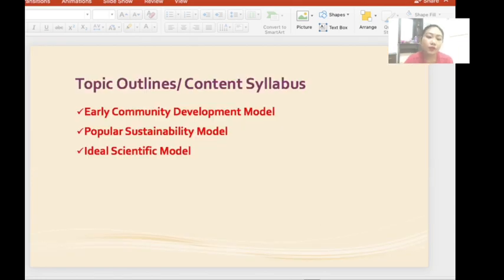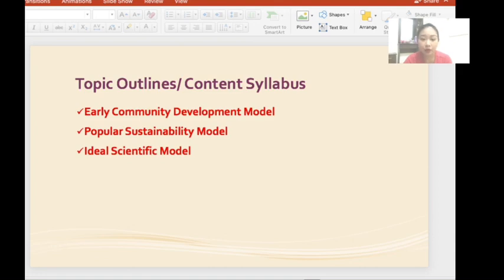Okay, so for today's topic outline, or the content syllabus for topic 3, we are going to look at three models. For the first one, we are going to look at the early community development model, followed by the popular sustainability model, and then the ideal scientific model. The ideal scientific model is a very short one.